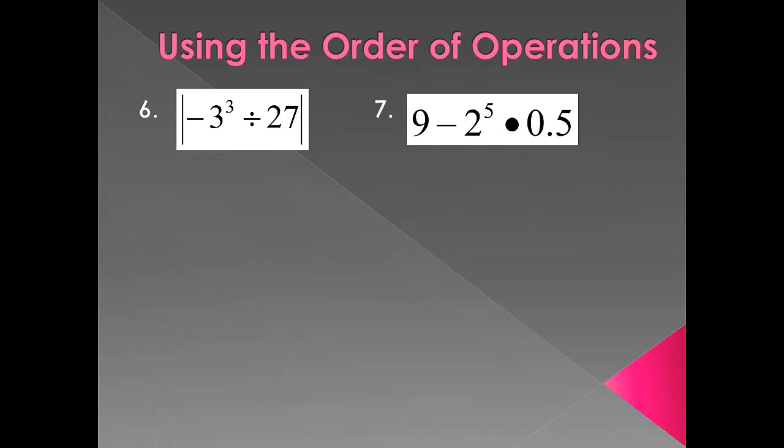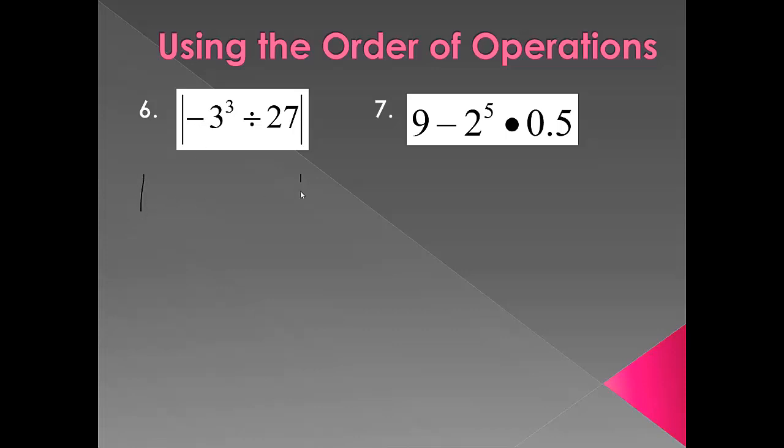Now we're going to use the order of operations to solve a few problems. So for number 6, we want to find the absolute value of -3 cubed divided by 27. On this one here, we do not have any parentheses for our negative and our 3. So we do not have parentheses showing that they stay together. So we need to do the exponent first, 3 to the 3rd power, or 3 cubed, and then we go back and multiply it by our negative.